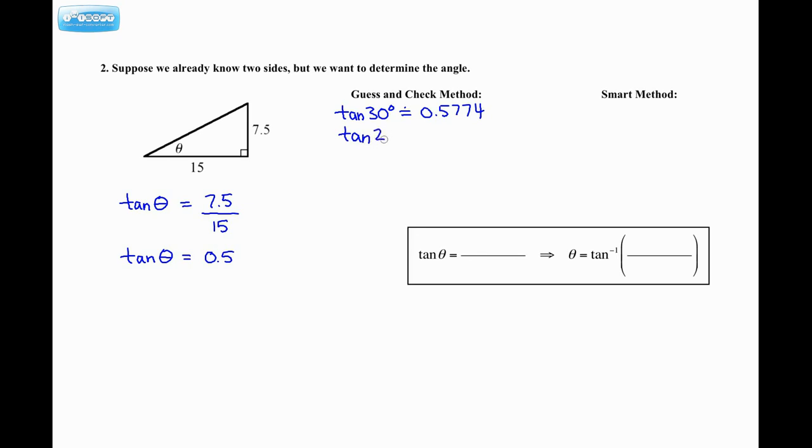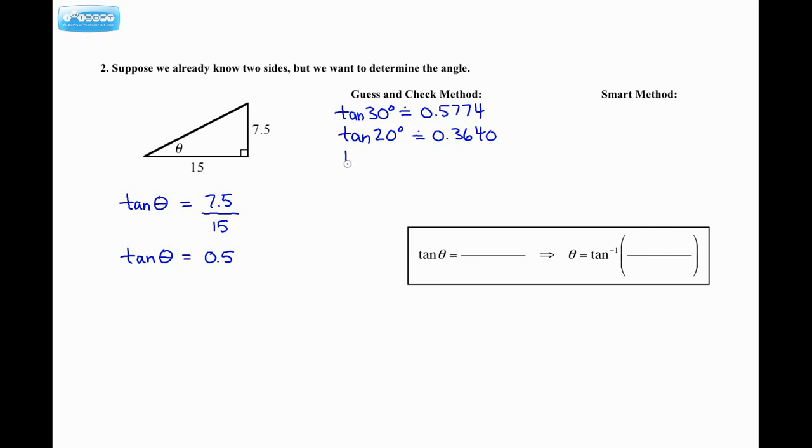Let's say 20. Okay. What's the tangent of 20? That's 0.3640, if I go to 4 decimals. And that's way worse. Okay, I've gone down. So I need to go back up.